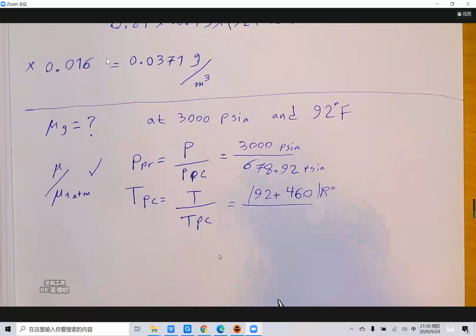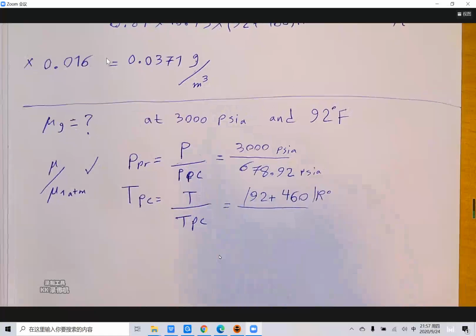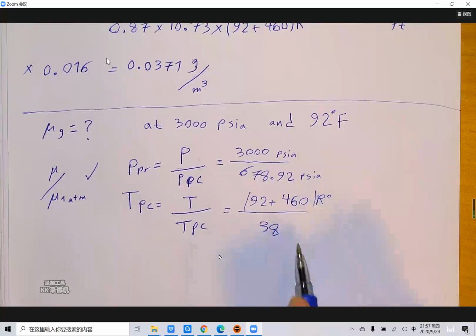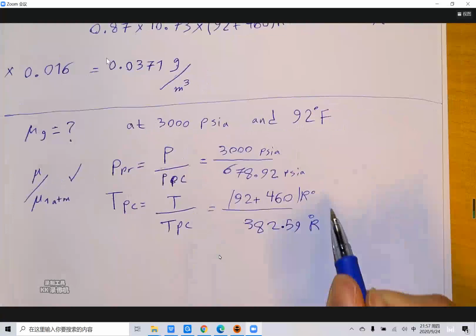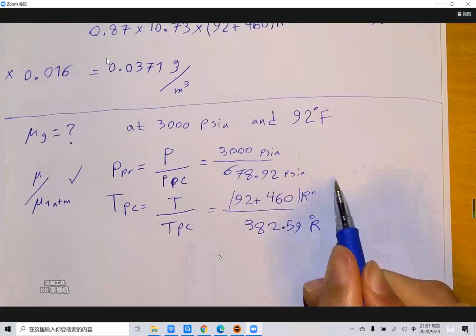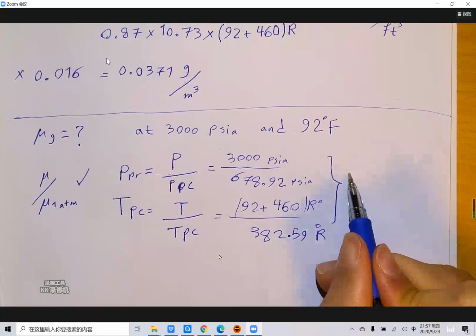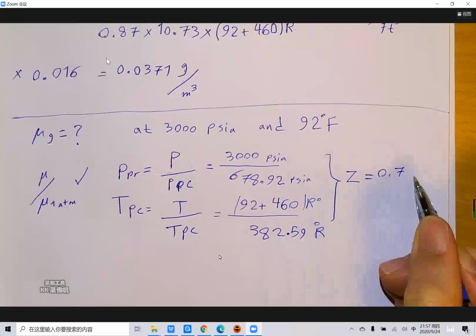Just consider the Fahrenheit, ignore the Celsius, I think that's a mistake. The pseudo-critical temperature is 382.5 Rankine, which we found previously. Then we easily found the compressibility factor, 0.74. Use all of this data to find this ratio in the figure.